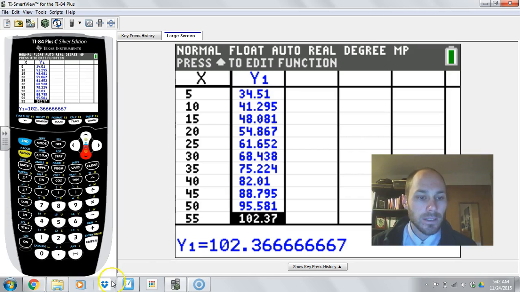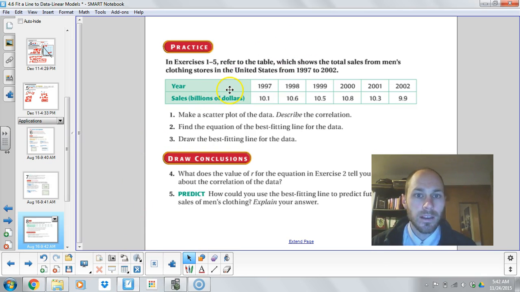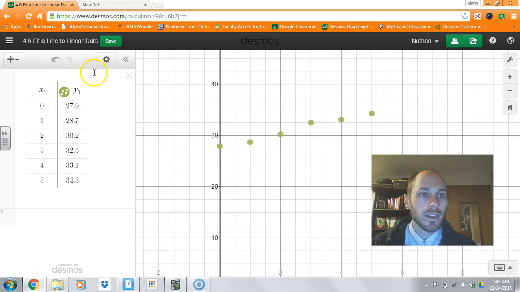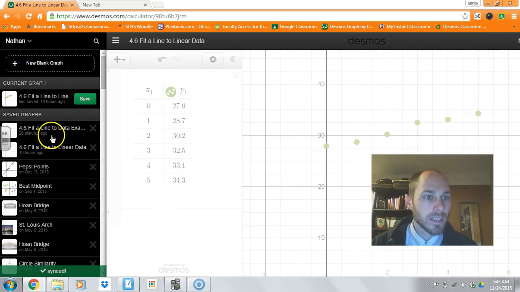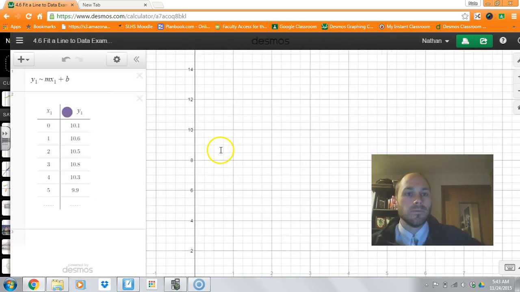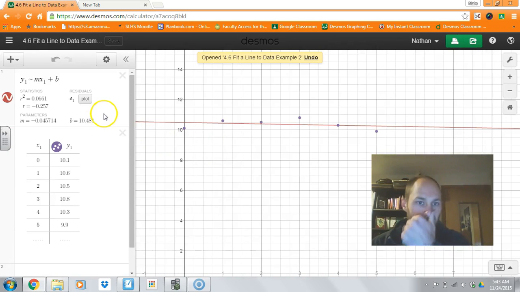All right, so the next problem we'll take a look at is men's clothing sales. Let's look at that from Desmos. So if we click on to Desmos here, let me open the right example. For this one, first of all, I need to enter a table.